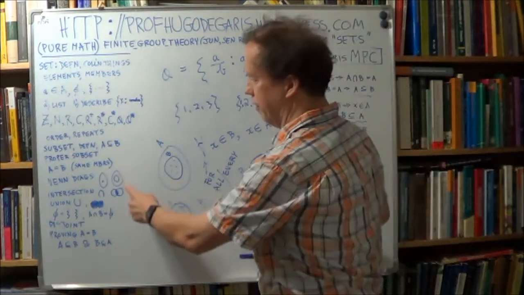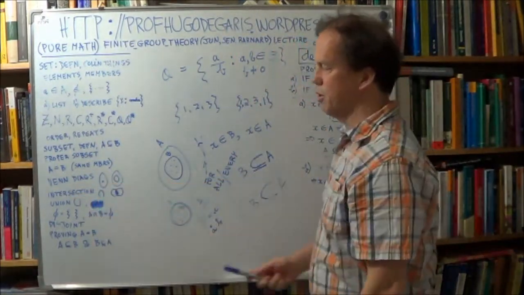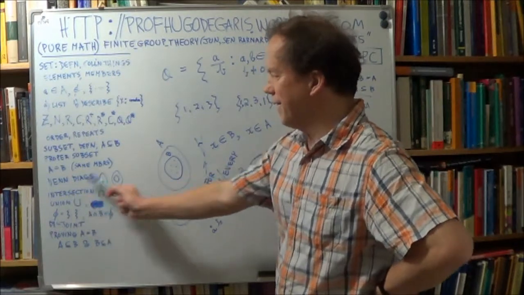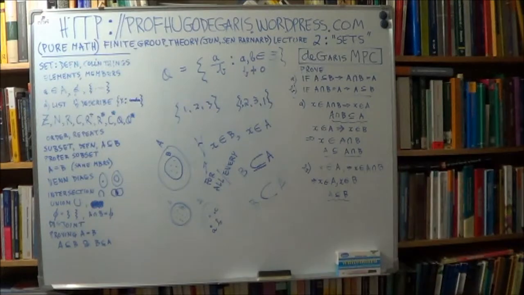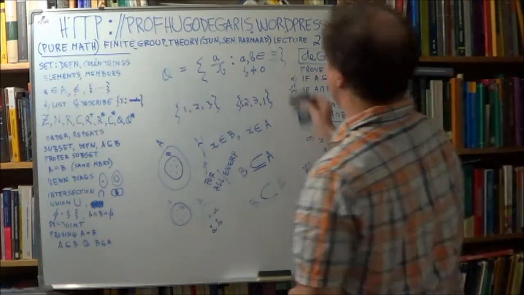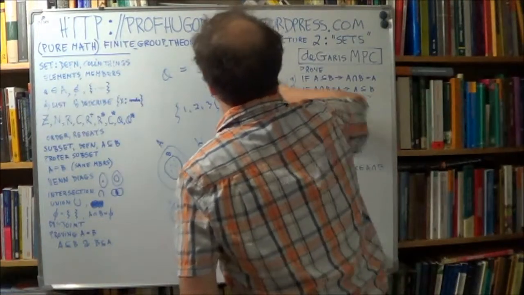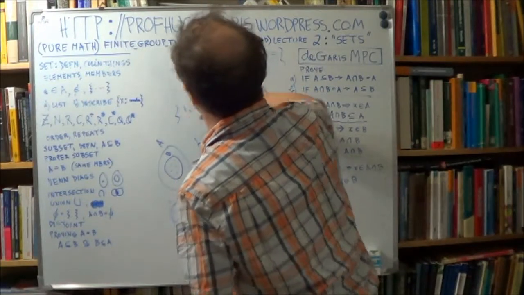Now, using Venn diagrams, we can introduce some concepts called intersection and union of two sets.